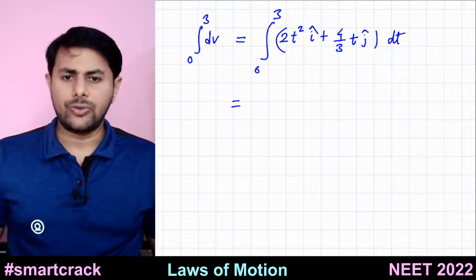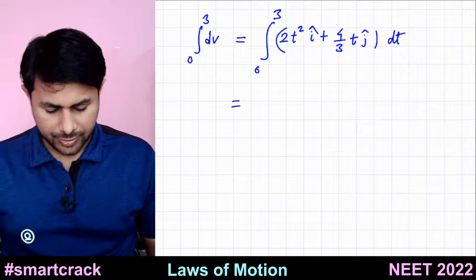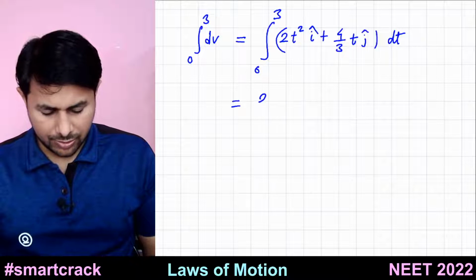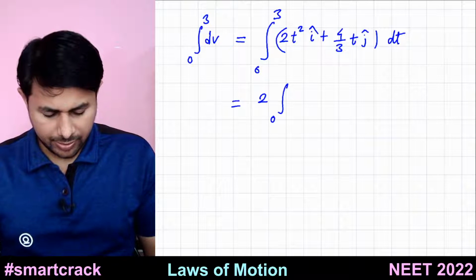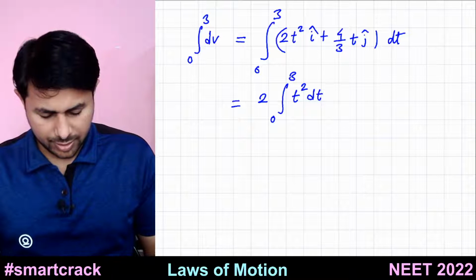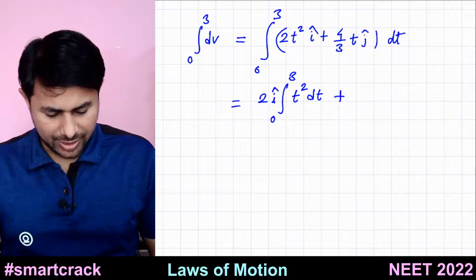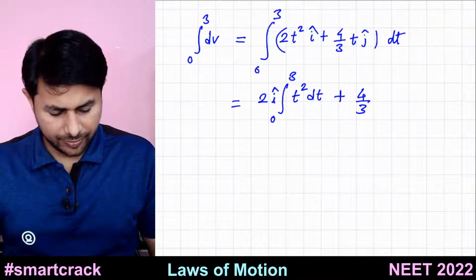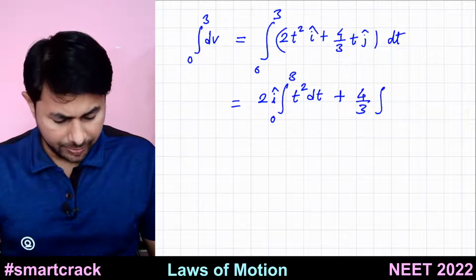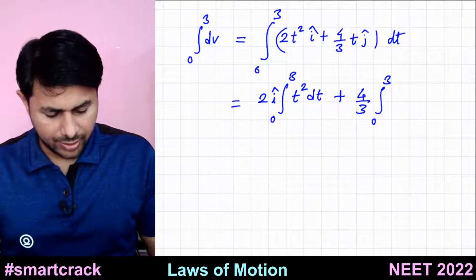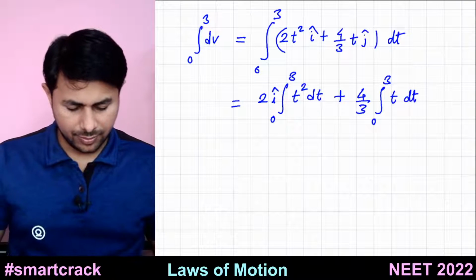And we know how to integrate this. We can take 2 outside, so it will be the integral of t square dt. We can take i cap also outside because it is constant, plus 4 by 3 times the integral from 0 to 3 of t dt, with j cap.